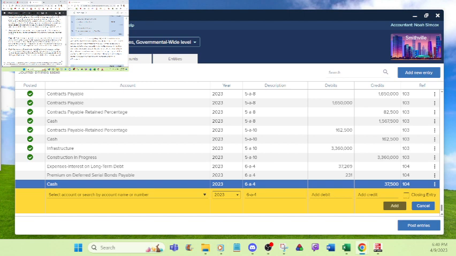Cool. You know what's hilarious? The hardest part of this assignment is the governmental activities, government-wide level entries, and no government does this. They might even make us do the conversion process regardless of that.